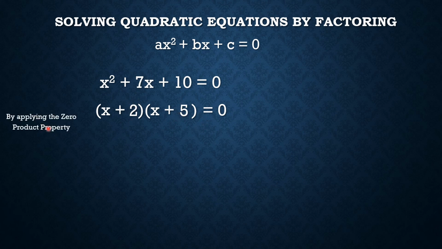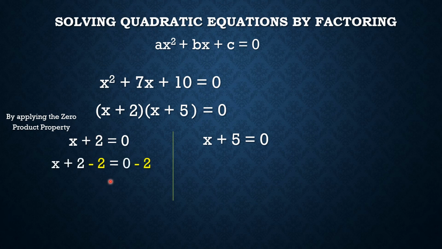And now, by applying the zero product property, we now have x plus 2 equals 0, x plus 5 equals 0. So lipat ito. Tanggalin ito by adding negative 2 on both sides of the equation. Cancel, cancel. And so we have x equals negative 2.